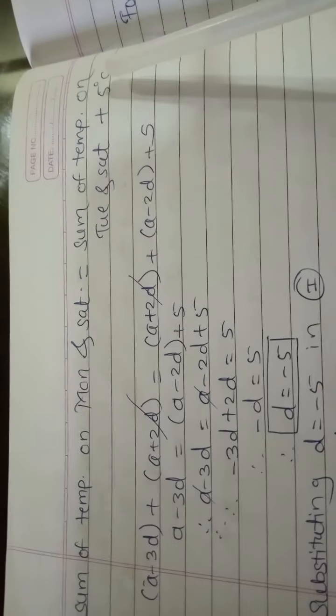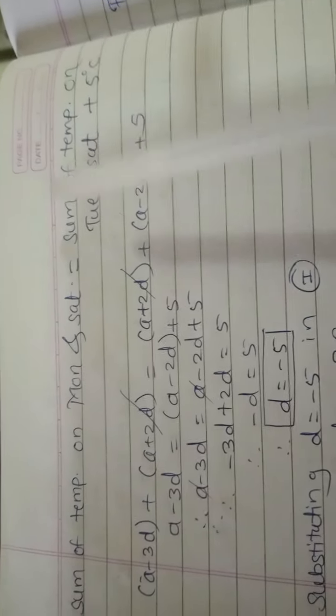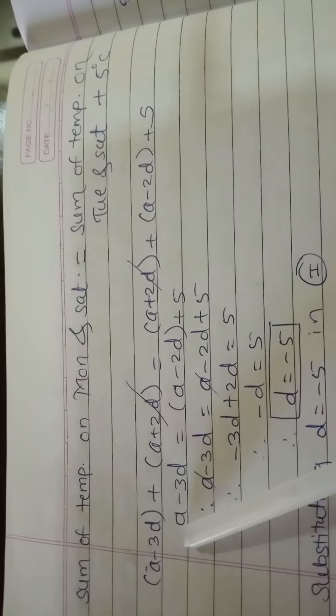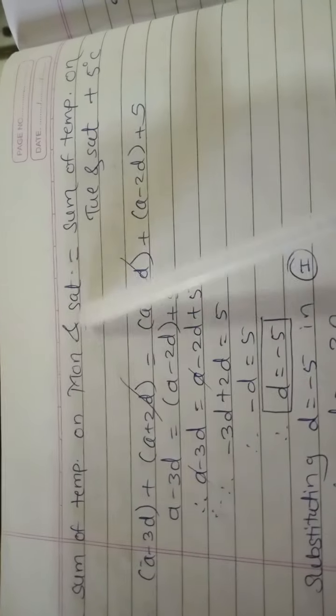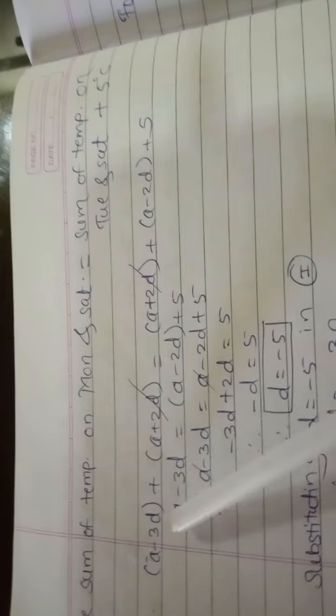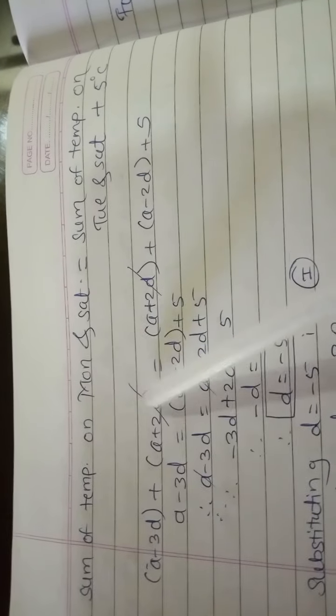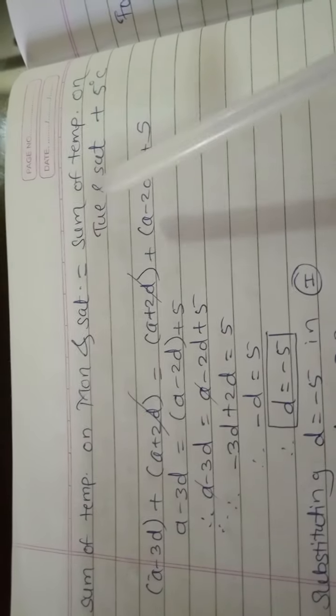Now the sum of the temperatures on Monday and Saturday equals the sum of the temperatures on Tuesday and Saturday plus 5. This condition is given in the example. For Monday we consider a minus 3d and for Saturday a plus 2d. We take the addition of these two, and it is more than the addition of Tuesday and Saturday by 5.